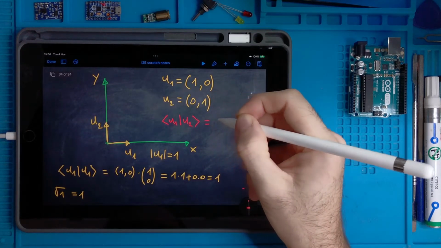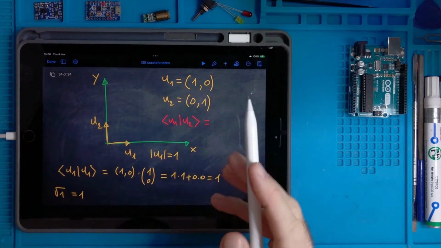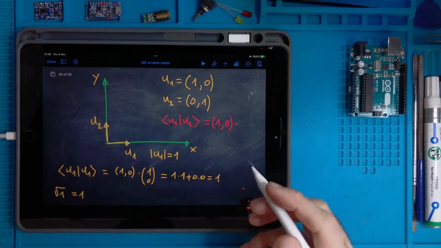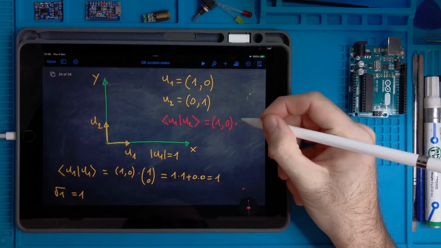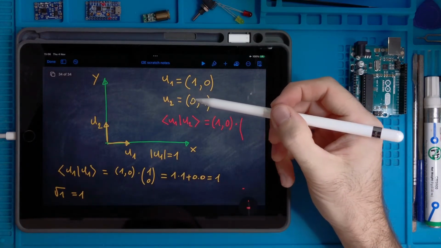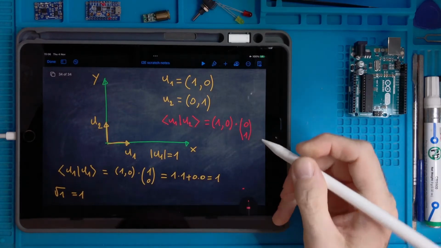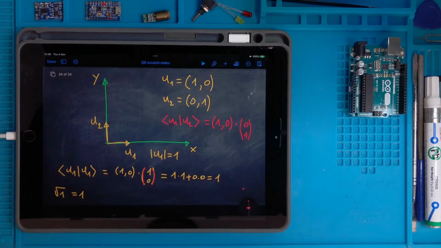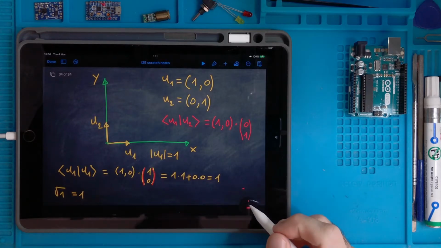This time it is the row version of u1, so 1 0, multiplied by the column version of u2. We have to be careful because u2 is 0, 1, so it's 0, 1. Notice the difference here, it was 1, 0, because that one was the vertical version of u1.